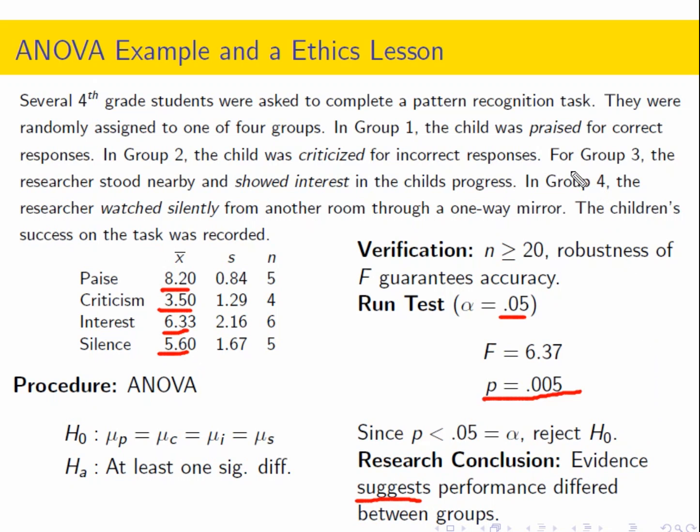Now, an ANOVA is not done just when you finish rejecting the null or failing to reject the null. In the instances where we reject the null, we need to perform what's called a post hoc test. And I didn't go through that. I did put this little note in here that I am shocked to find out there was evidence that the performance differed between groups.